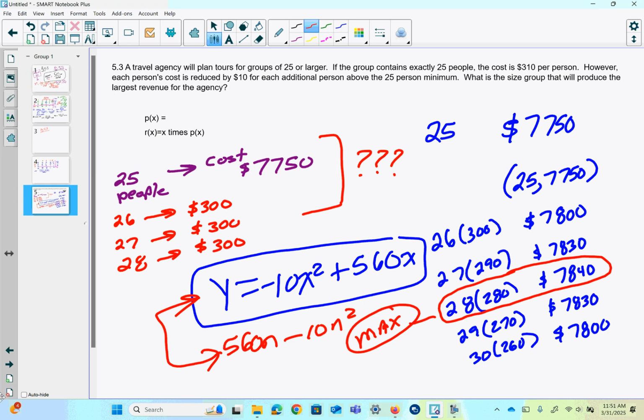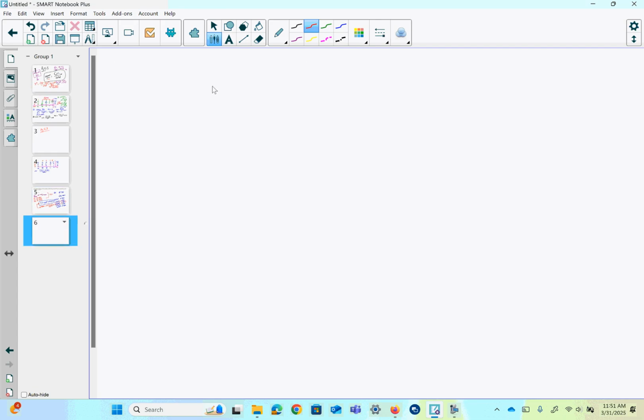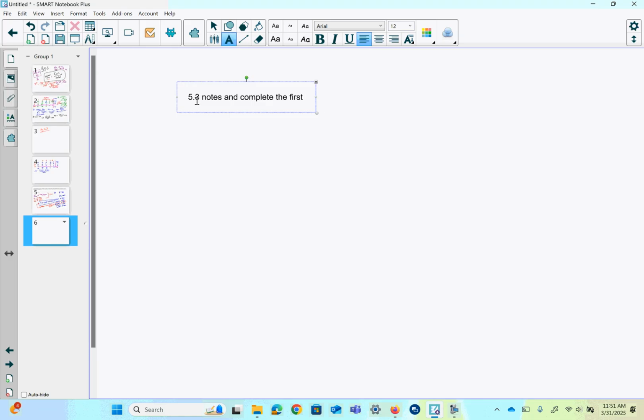I know it says notes, but I think you guys could go through tonight and take a look at the 5.3 notes and complete the first page.